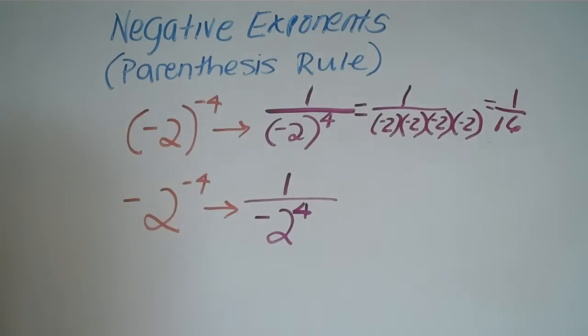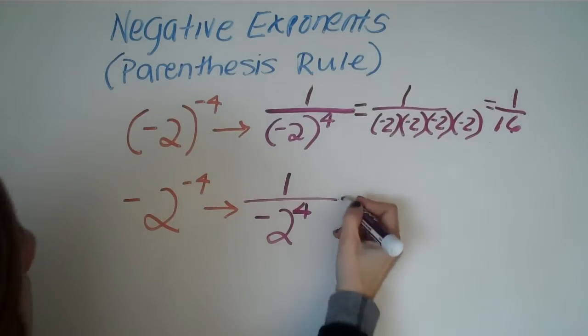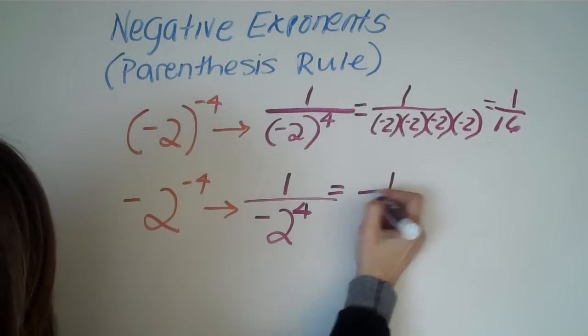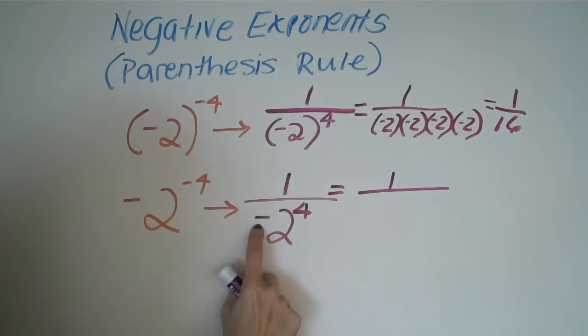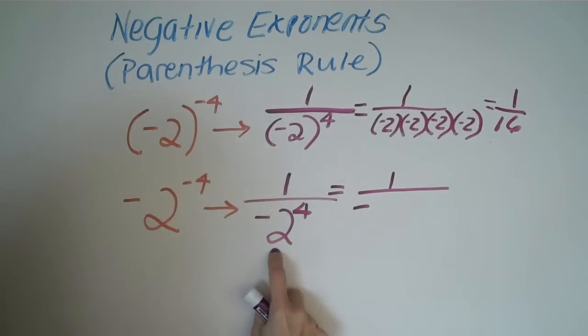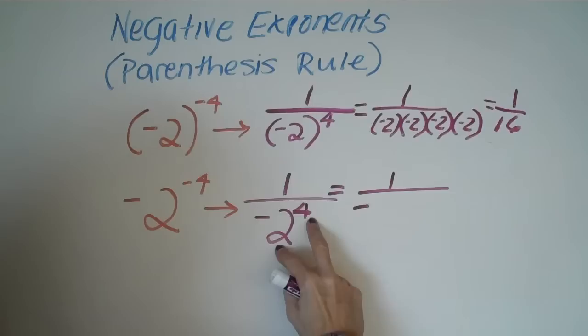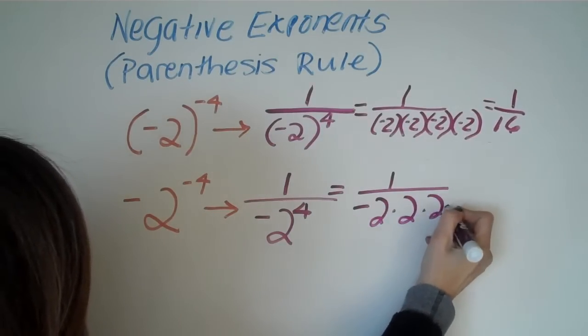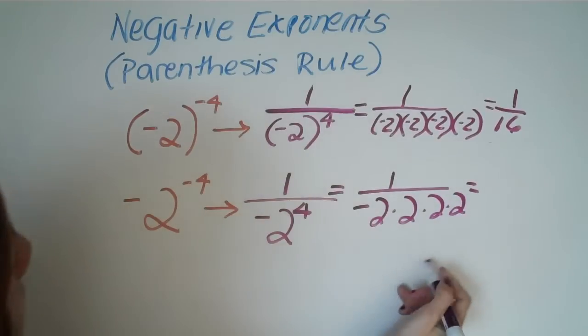So now, the reason why this is different, and if you remember we talked about this earlier in the year, is because when we rewrite it, the negative is kind of hanging out on its own over there. The only thing that's getting repeated is what's attached to the exponent. So it becomes 2 times 2 times 2 times 2.